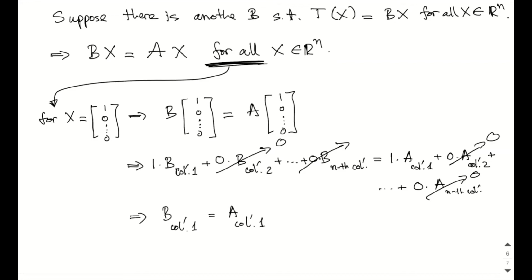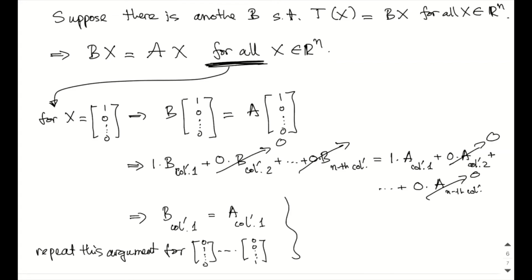And then we can repeat this for the second axis, 0, 1, 0. And then we repeat that until the last axis, 0, 0, 0, 1. Right? And we are going to have the matrix B equals the matrix A because all of their columns turn out to be the same. And we are done. Right? We prove the existence and the uniqueness.